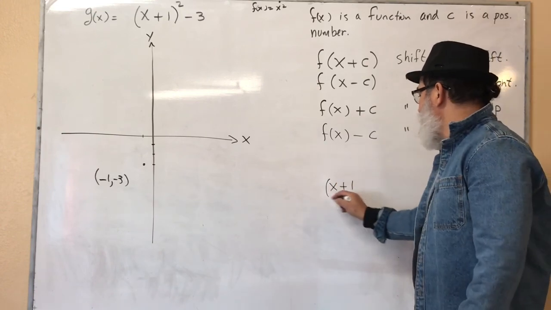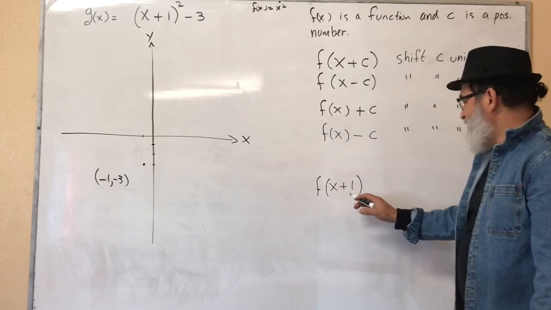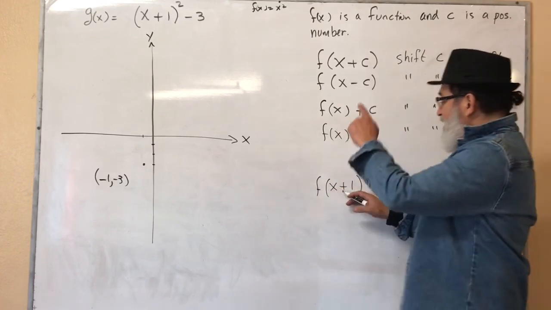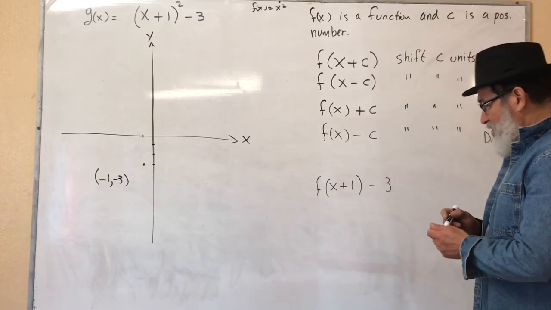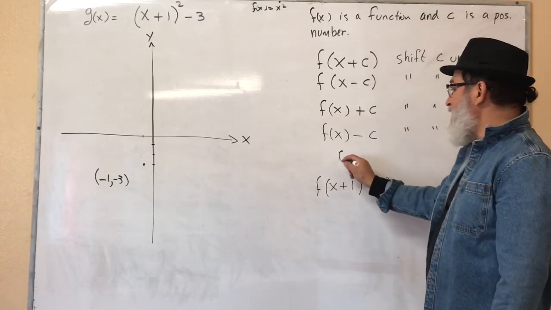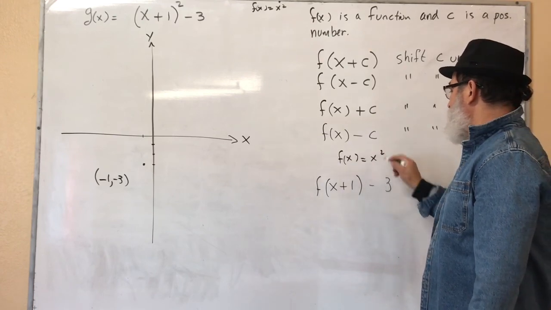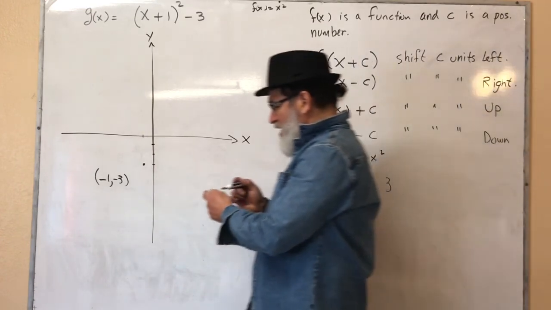So take f of x, add 1, minus 3. If we're saying that f of x equals x squared, you apply this to that, and we're going to get this new graph.